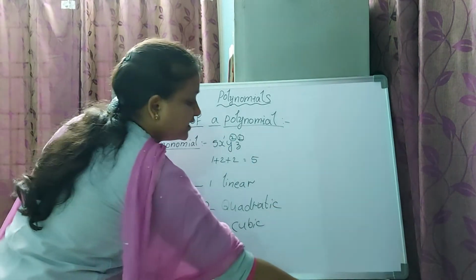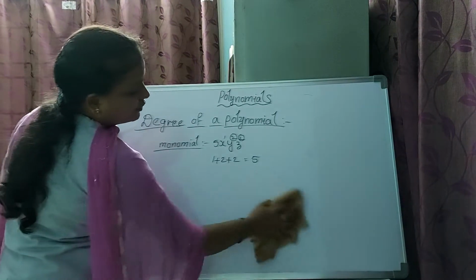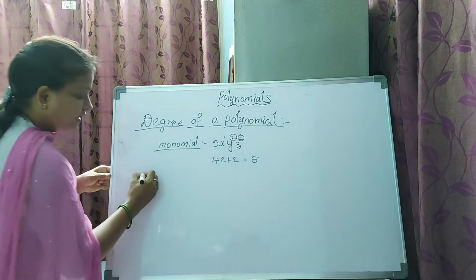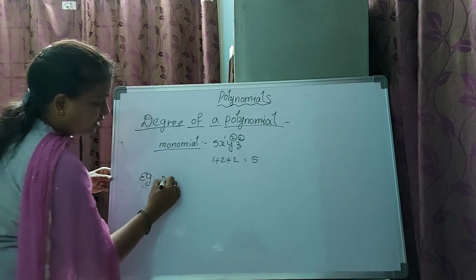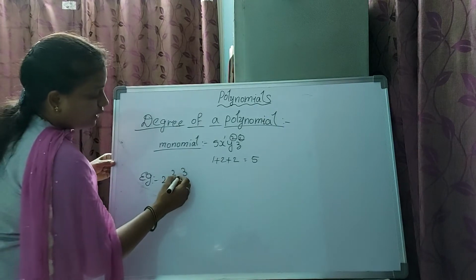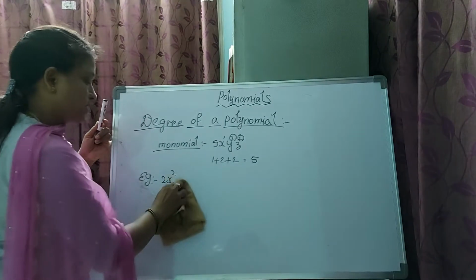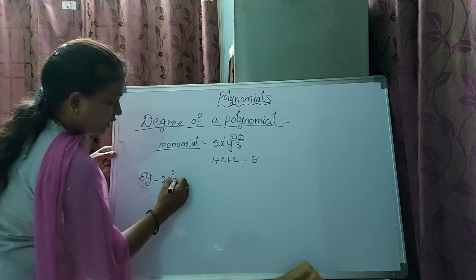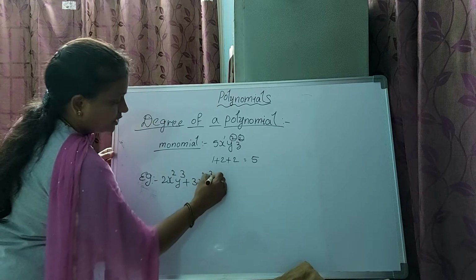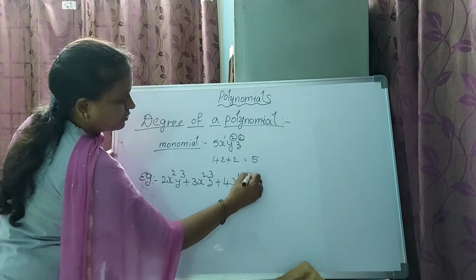Now how to find the degree of the polynomials? The highest degree among the terms is the degree of that particular polynomial. See an example: 2x square y cube plus 3x square z cube plus 4x power 4 y power 4.